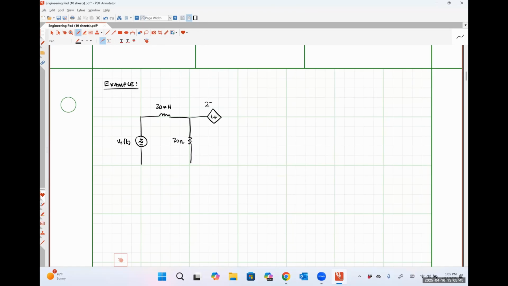This is going to be 25 times, let's call it Ix of t, where this is the quantity Ix that we're interested in. Here's a 10 microfarad capacitance.